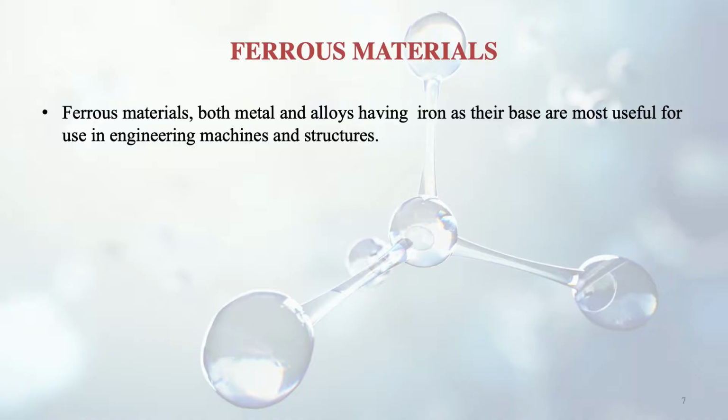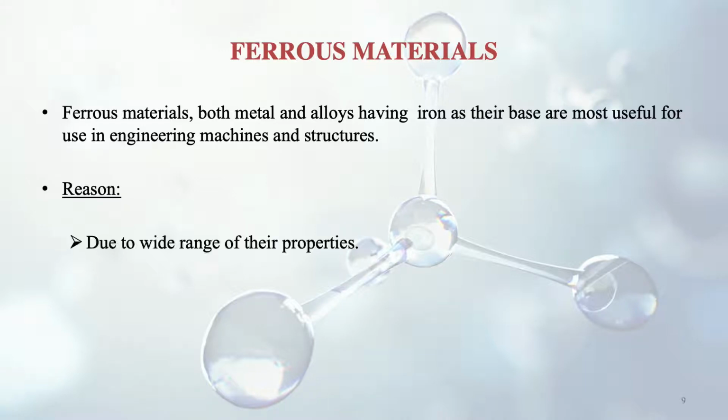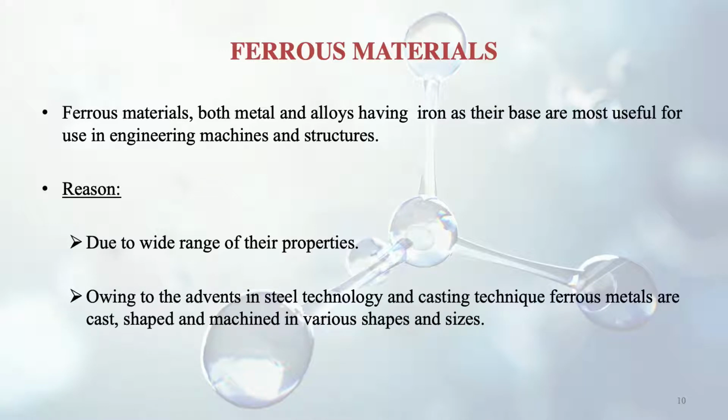Ferrous materials, both metal and alloys having iron as their base, are most useful for use in engineering machines and structures. And what is the reason behind that? Because of the wide range of properties they possess. Owing to the advance in steel technology and casting technique, ferrous metals are cast, shaped and machined in various shapes and sizes.